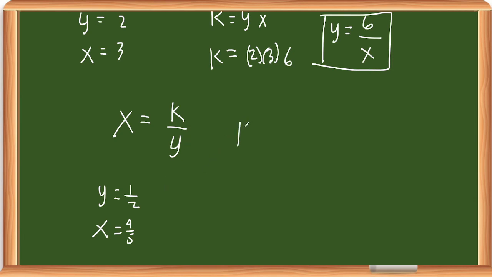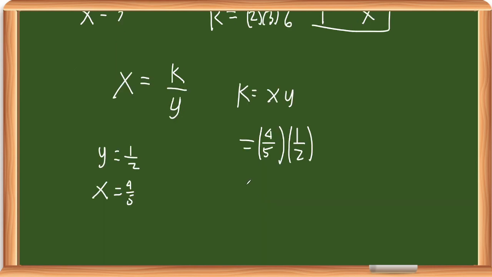Para kunin yung k, we have to multiply x and y. So, we have here 4 over 5 times 1/2. Okay, so pag minultiply natin yan, actually, cancel na yung 2, magiging 2 to. So, 2 over 5, yung k nyo.